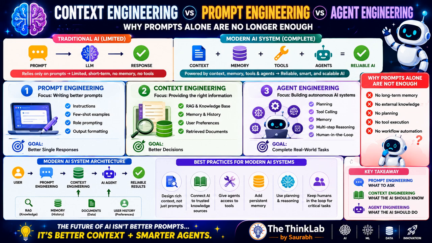So let's compare all three using a simple example. Suppose you ask the AI to prepare a business report. With prompt engineering, the AI simply writes the report.